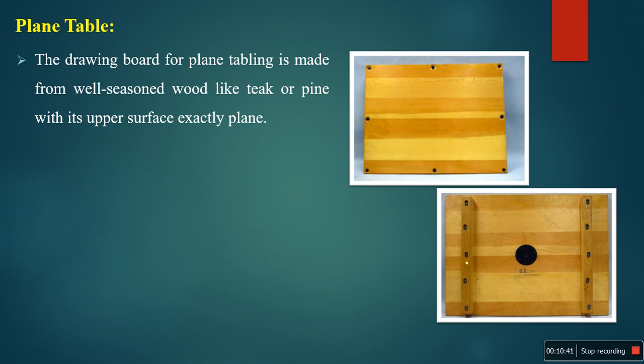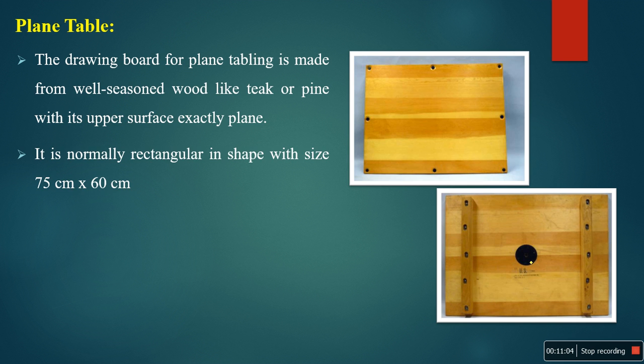They have attached two small vertical wooden pieces so we can keep it easily on a table or on the ground. At the center they have made a groove for attaching the plane table to the tripod leg. Next, the size of the plane table.